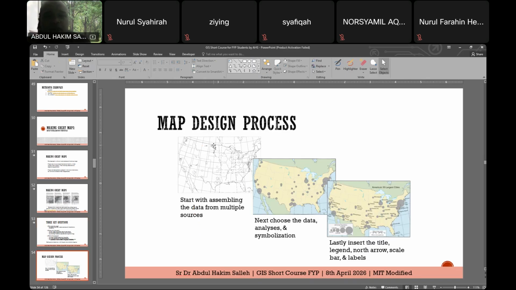The map design process starts with assembling the data from multiple sources. Any sources that you can obtain, you need to collect. Of course, back in my days, I needed to purchase maps and go to some museums to obtain maps.